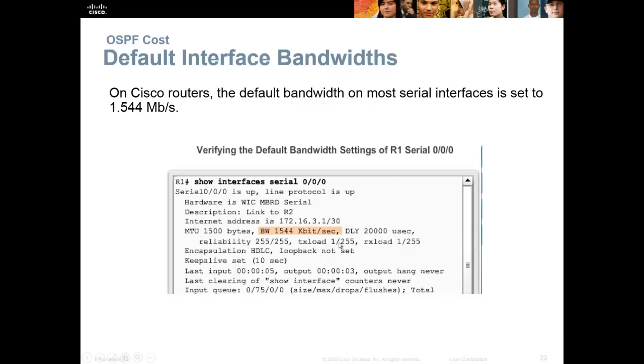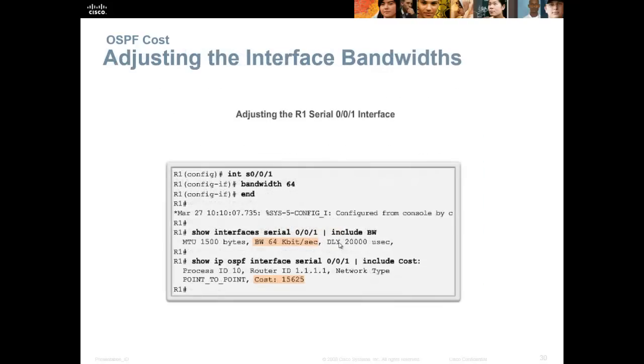All right, so you've done everything, but now you're trying to design your network. You want it to take a specific path throughout your network. So you can also change the bandwidth command, which changes the calculation method.